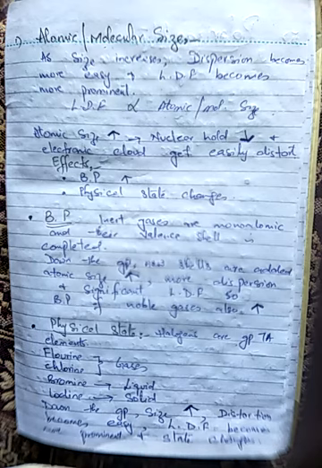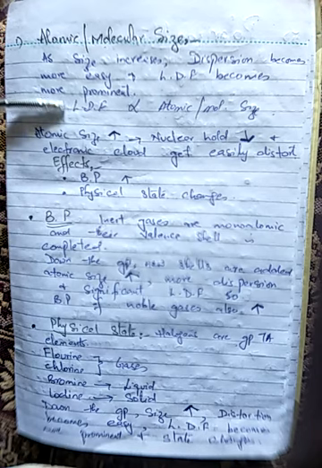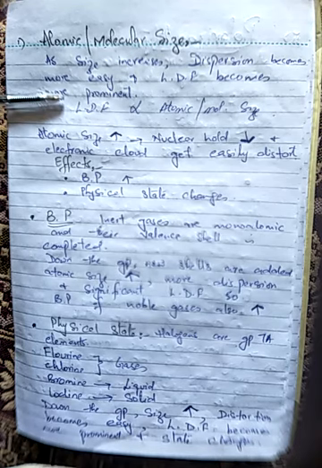As the electronic cloud is distorted, London dispersion forces become more and more prominent. It means London dispersion forces are directly proportional to atomic size. As atomic size increases, London dispersion forces also increase.